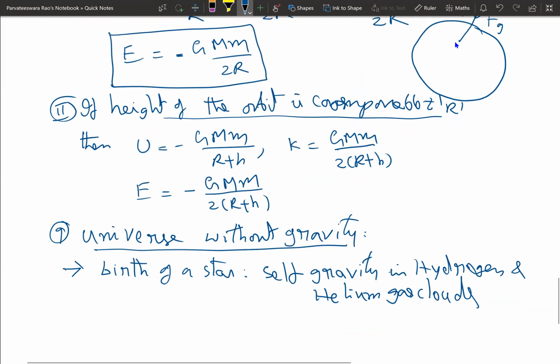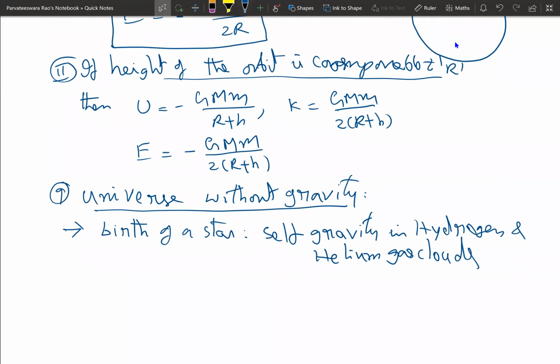So the self-gravitational force will start contracting the hydrogen and helium gas clouds, and once the contraction crosses the limits, the collisions of atoms begin, increasing the interior temperature from minus 173 degrees centigrade to 10 million degrees centigrade.